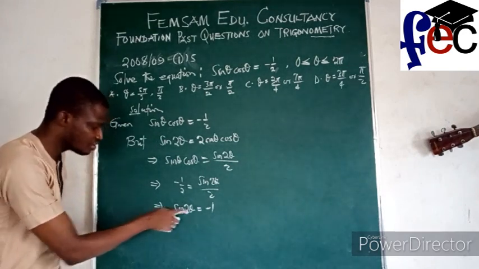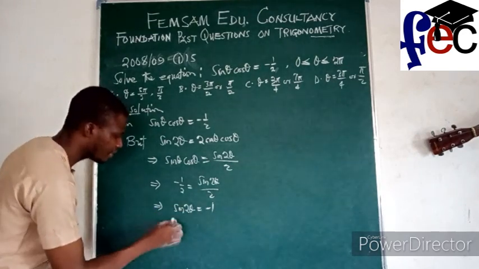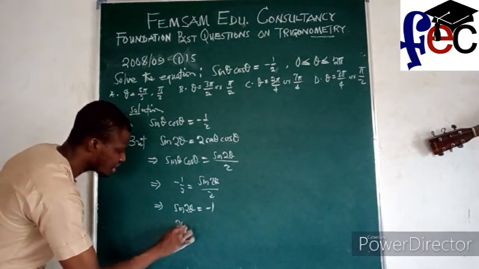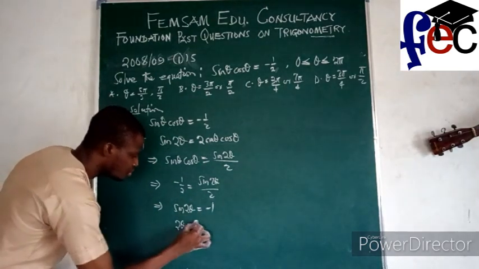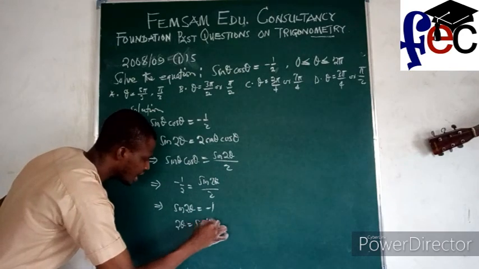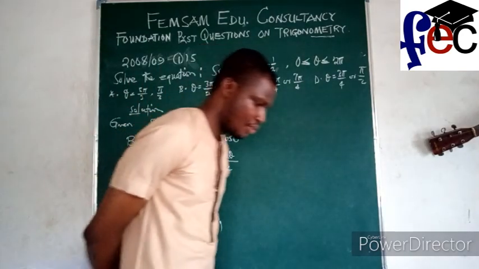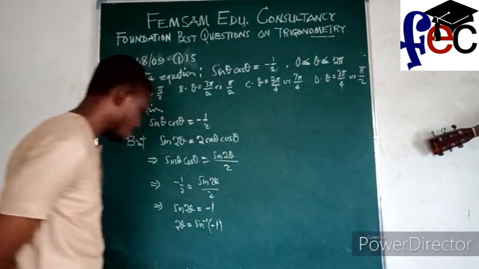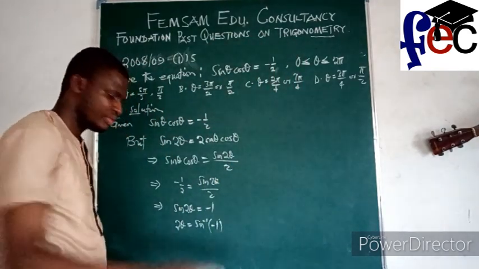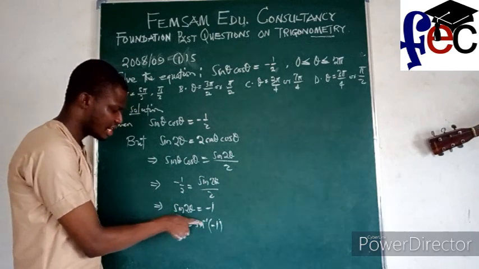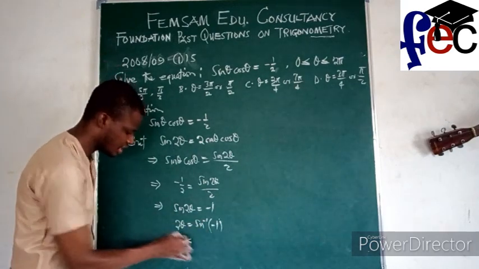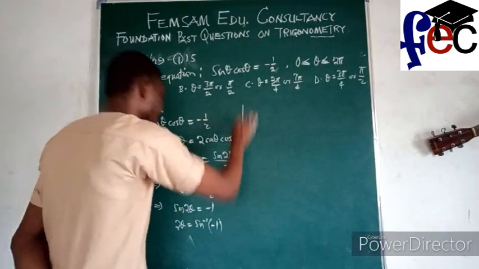So if sine 2 theta is this, what does this imply? It means that 2 theta must be equal to arcsine of minus 1. Okay, let me continue it here.